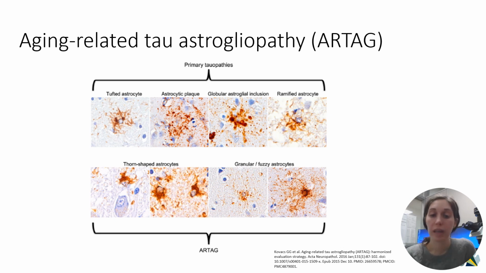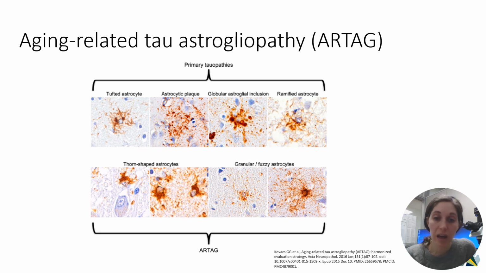So what I'm showing here is an image that compares the morphology of tau in astrocytes in the primary tauopathies, which include things like CBD or PSP, versus what we see in ARTAG on the bottom.